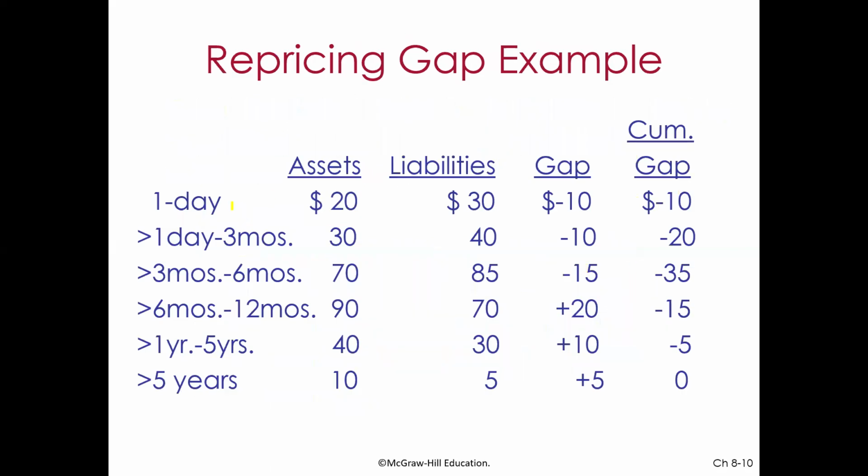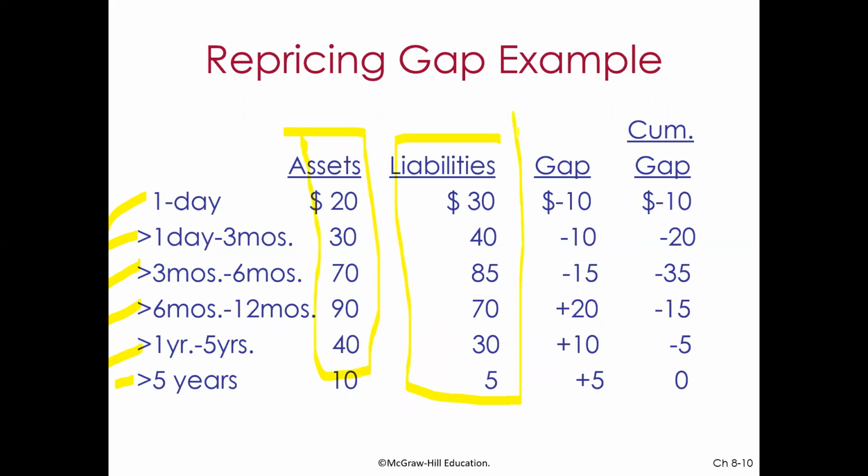Say a financial institution has these 6 different maturity buckets, and in each maturity bucket there are assets, there are liabilities, there are gaps. Gap means the difference between assets and liabilities. You can see for the first bucket, the asset is 20, liability is 30. So asset minus liability, the gap is minus 10. In the second case, the gap is again minus 10, then minus 15, plus 20.